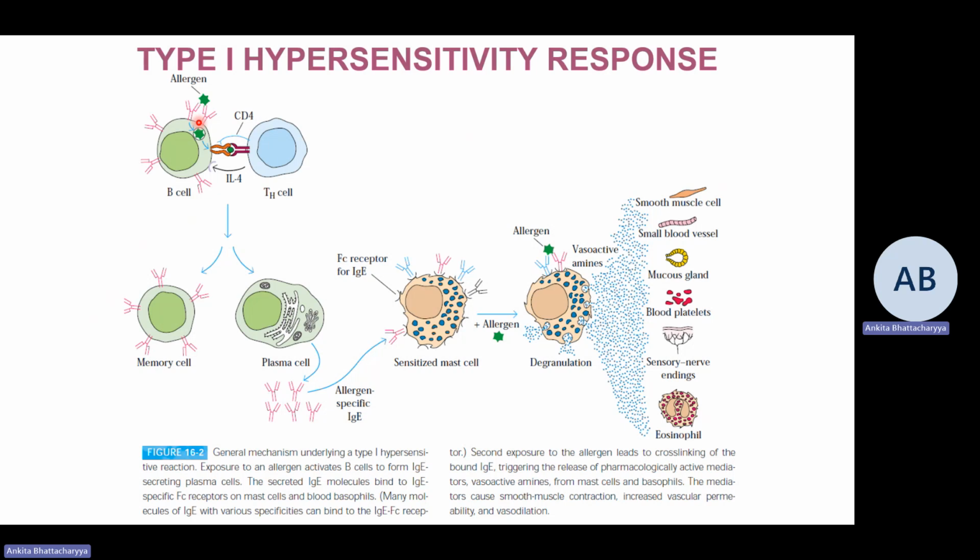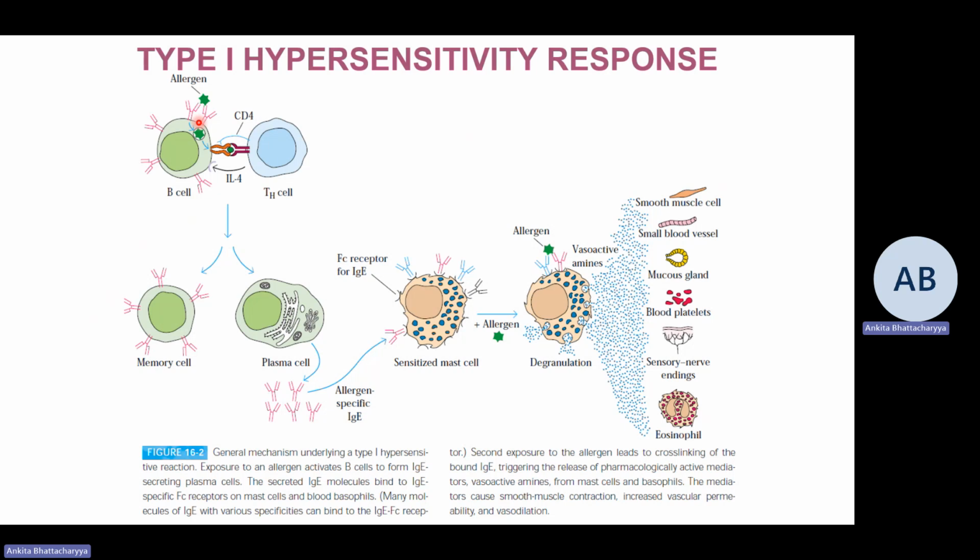And therefore, there is activation, there is internalization of that particular allergen and its presentation via MHCs, and then that is getting recognized by the T helper cell, and then that along with IL-4 is also being assisted, and then that is allowing its differentiation into memory cells and plasma cells, and specifically plasma cells that are secreting certain allergens, and these allergens are specific.